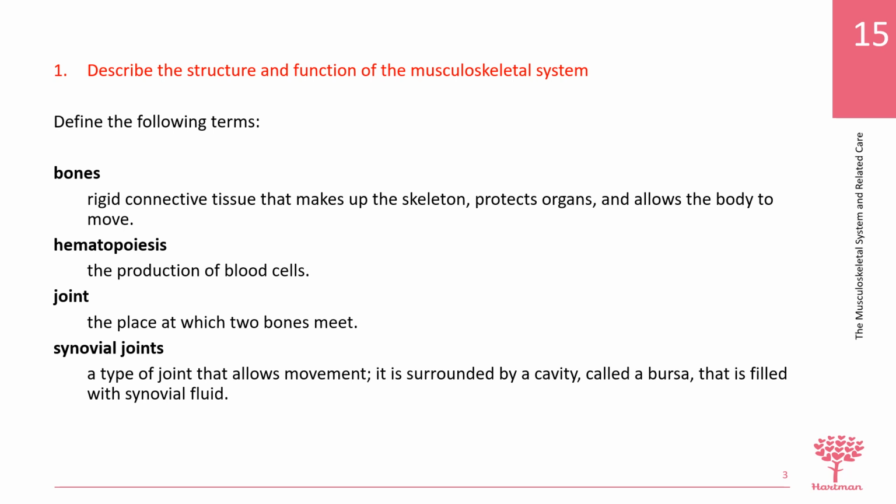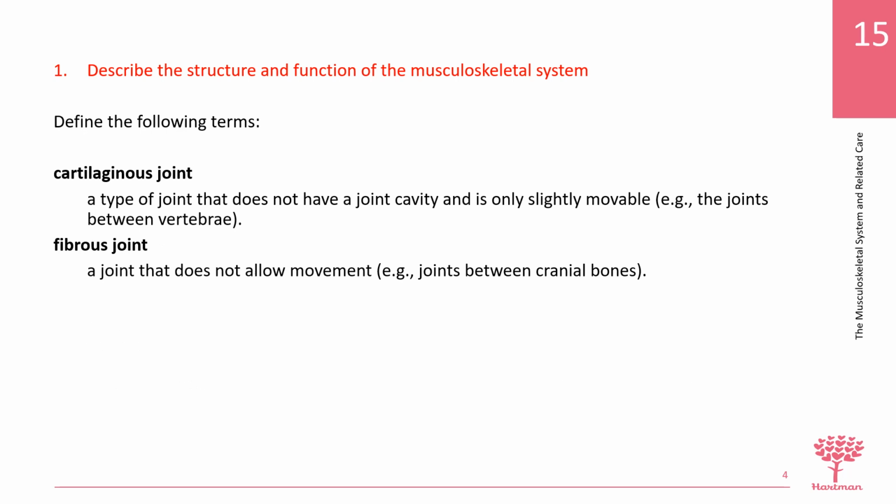And so I want you to begin to just think about some of the bones in our body that protect certain organs in our body. Joints is the place at which two bones will meet. And then synovial joints is a type of joint that allows movement. It is surrounded by a cavity called a bursa that is filled with synovial fluid.